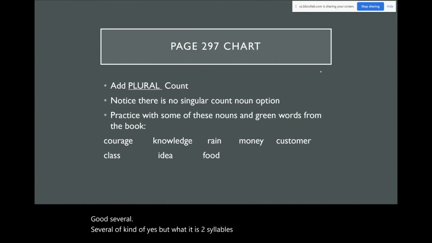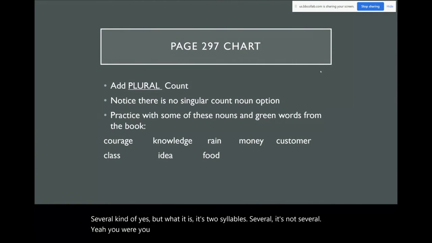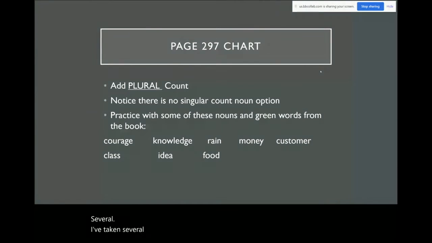Several. You were pronouncing it like the Spanish way. Several. Good. Several classes at TCC. That's a good one. Okay.